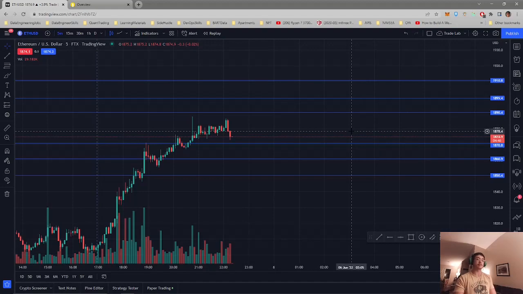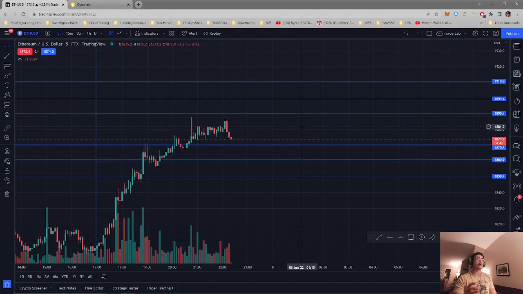As you can see, this would be pretty good for day trading, but a wider spread would be more suited for swing trading. If you wanted to scalp this, then we would have a much smaller space between our grid lines.